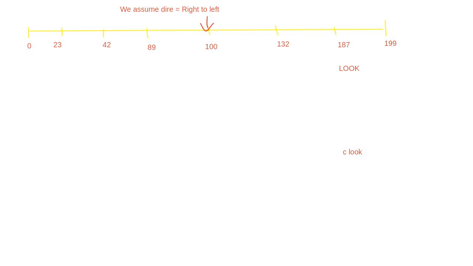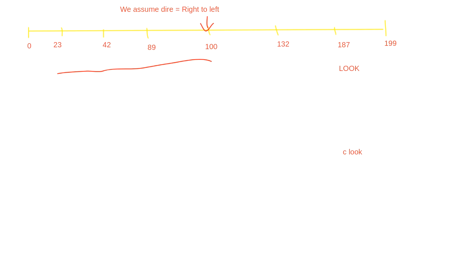In the LOOK algorithm, it works the same as SCAN, but with a little difference. This is a modification over the SCAN algorithm. In SCAN, it goes from right to left, to 89, then 89 to 42, 42 to 23. Then from 23 in SCAN it goes to 0 unnecessarily. We avoid this in LOOK.